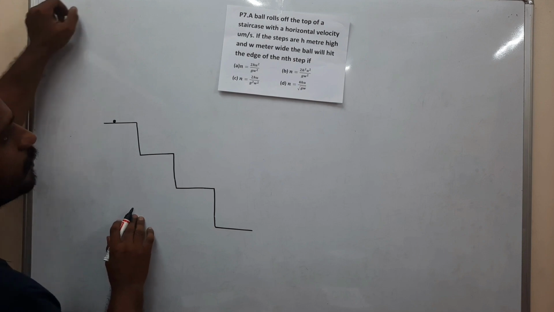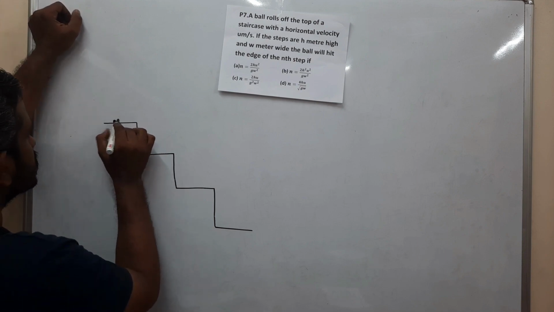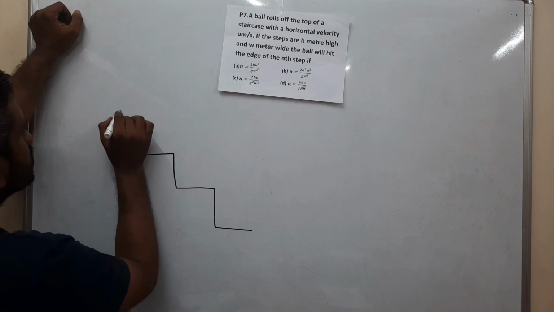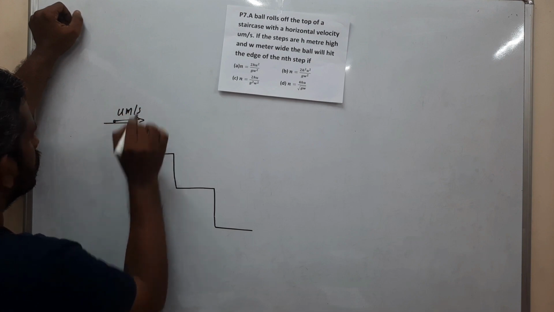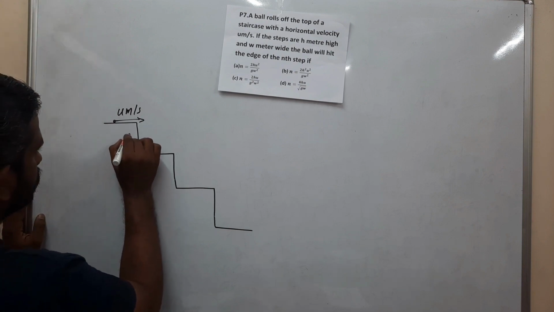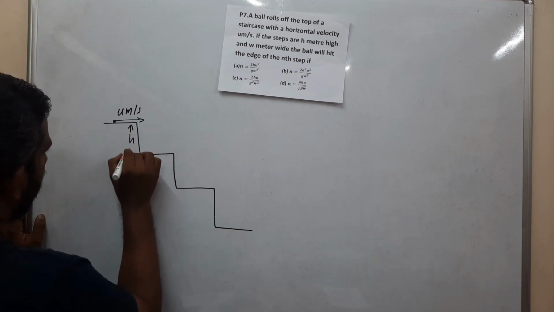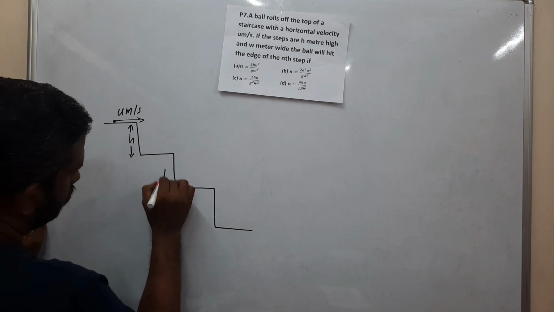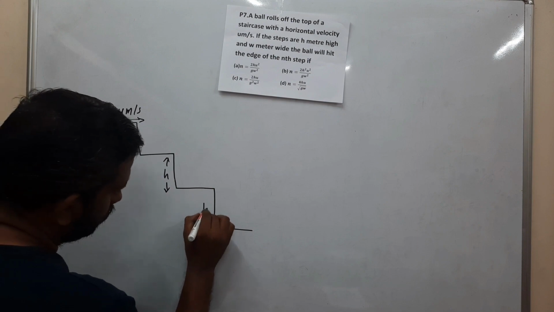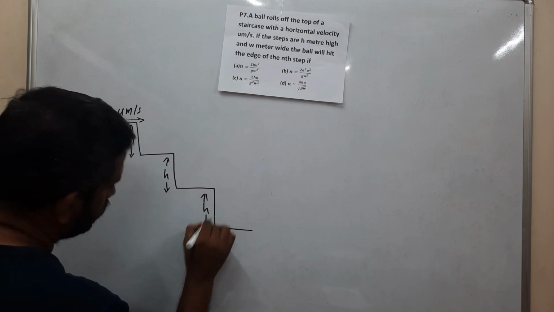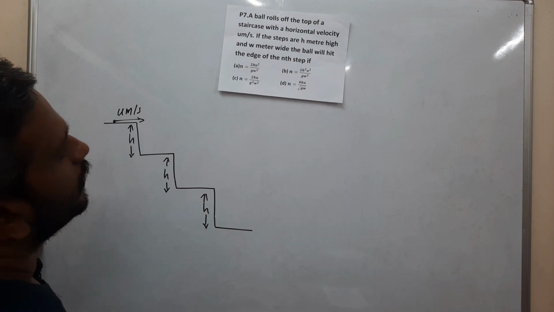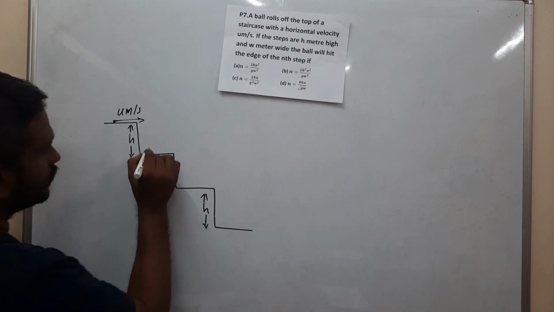The ball rolls off the top of a staircase with a horizontal velocity u meter per second. The steps are h meters high and w meter wide.